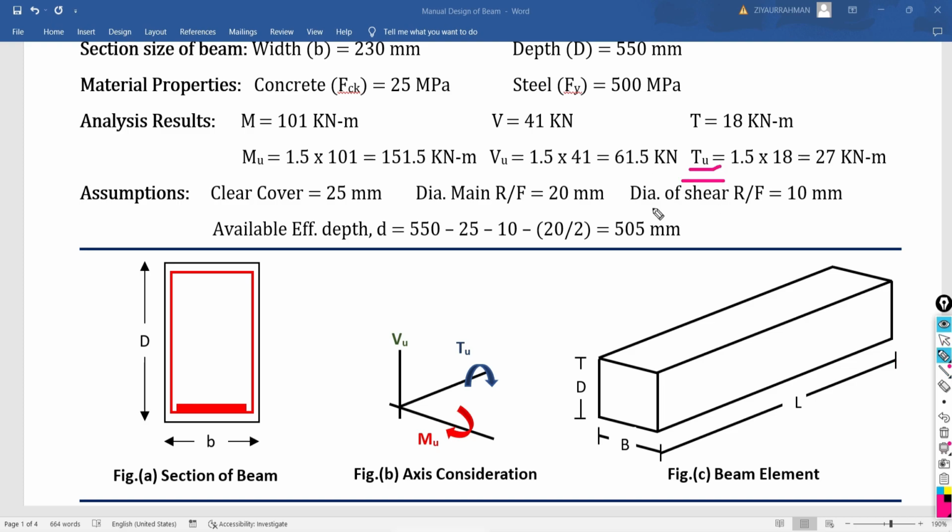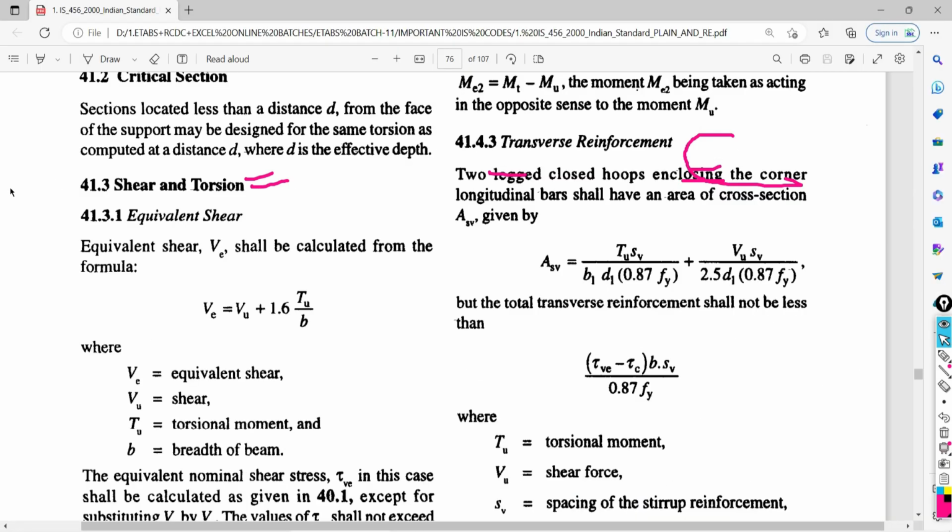So IS 456-2000 has suggested that when your beam is subjected to torsion in addition to ultimate moment and shear force, you have to consider the effect of torsion in shear force as well as in moment. Look at IS 456-2000 clause 41.3, shear and torsion.